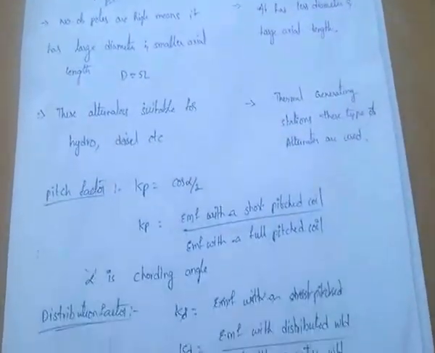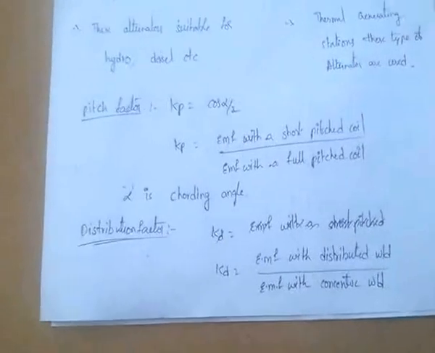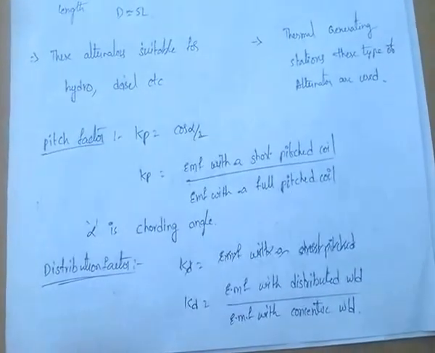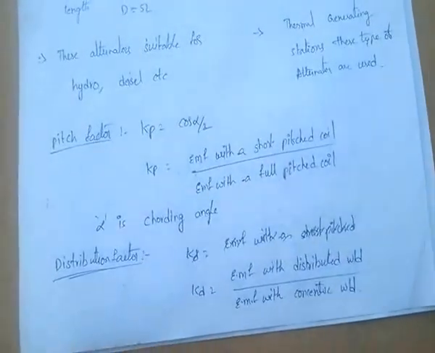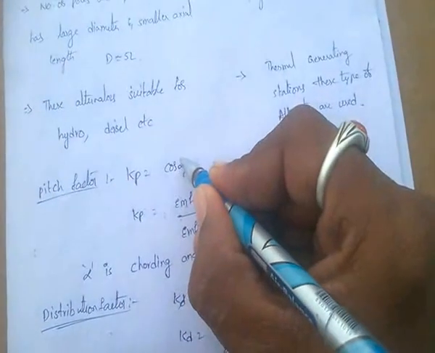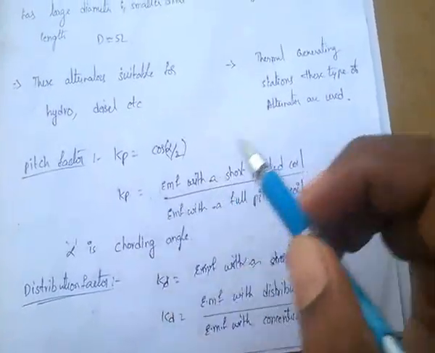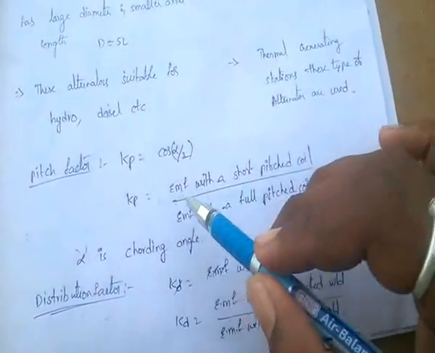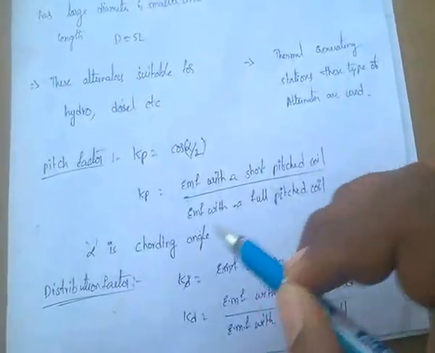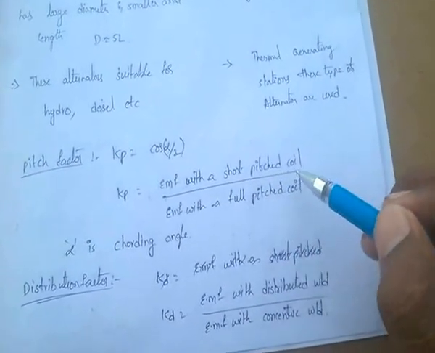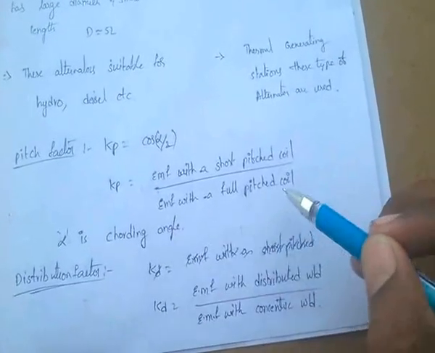Next, what is the pitch factor, and what is the distribution factor? Pitch factor Kp equals cos alpha by 2. That means Kp is the ratio of EMF with a short pitched coil to EMF with a full pitched coil.